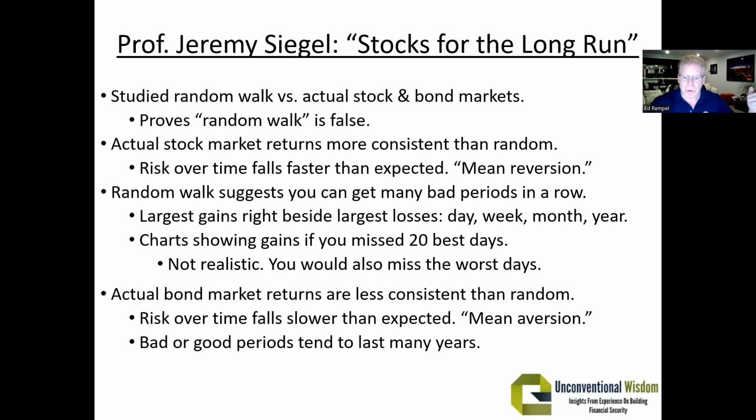Now, the bond market, on the other hand, is the opposite. With bond market returns, the risk declines less than you'd expect based on random. So it's actually called mean aversion. It's not reversion, it's aversion. It's the opposite. What we see with bonds is that when they have bad periods, they tend to be very long periods.